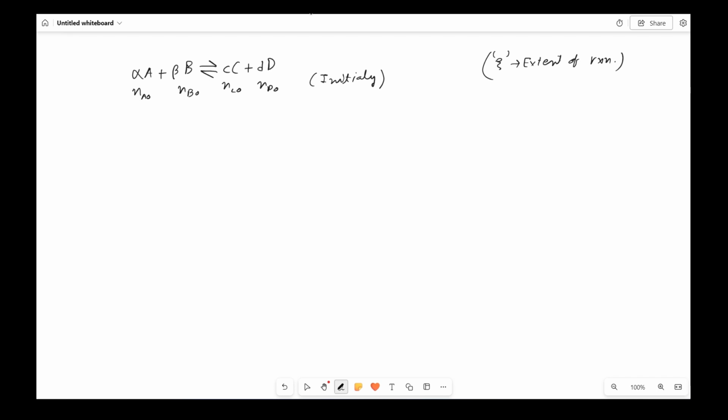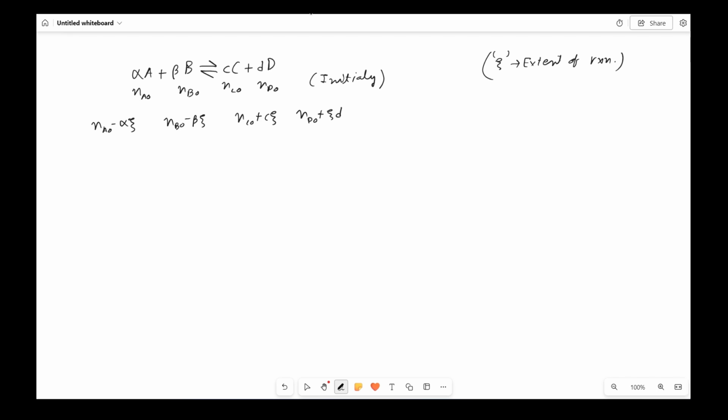Now, to use this, we will write Na naught minus alpha epsilon, Nb naught minus beta epsilon, Nc naught plus c epsilon, and Nd naught plus d epsilon. Now, one thing to note: in the case of a reactant, this sign will be negative; in the case of a product, this sign will be positive.